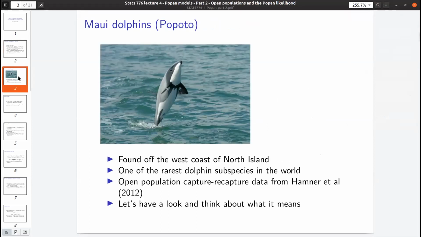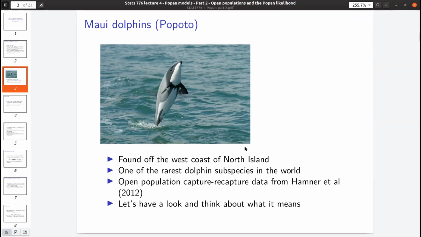So today we're going to be getting into the open population data and the Popan likelihood. The example data set I want to show you is for this beautiful animal, the Maui dolphin, or popoto, which is native to New Zealand.